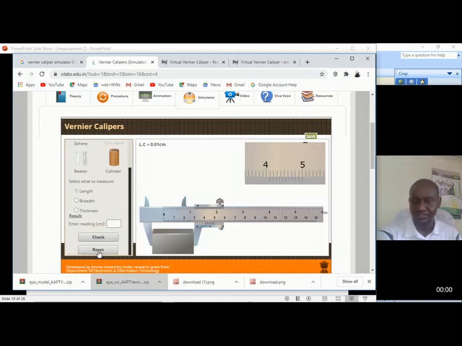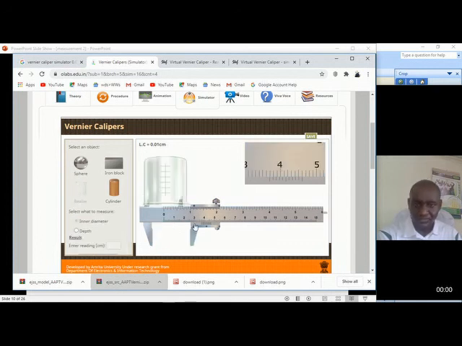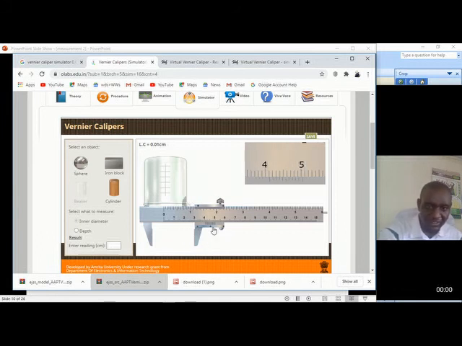Take another one. Take a beaker. Now a beaker, it's the internal diameter. You just put it like this so that it touches both edges. So what is it? 4.1 is here. Then which division coincides? 0, 1, 2. Second division. So it's going to be 4.12.